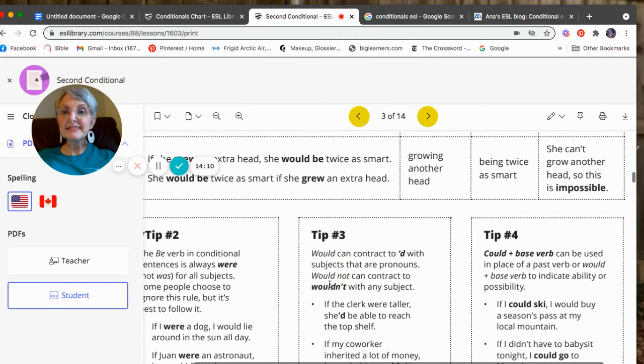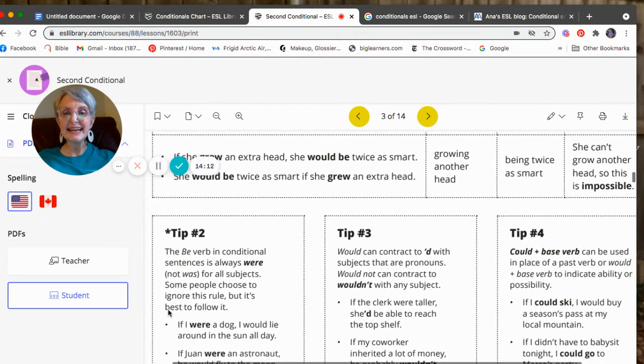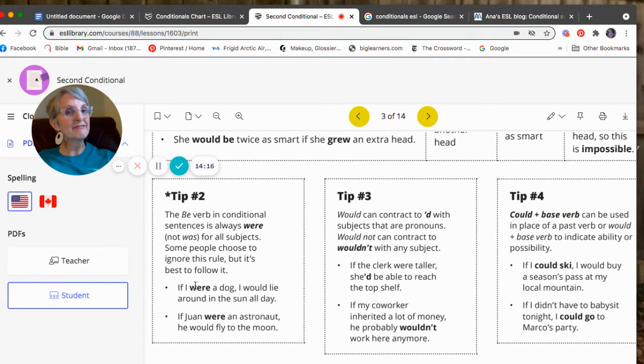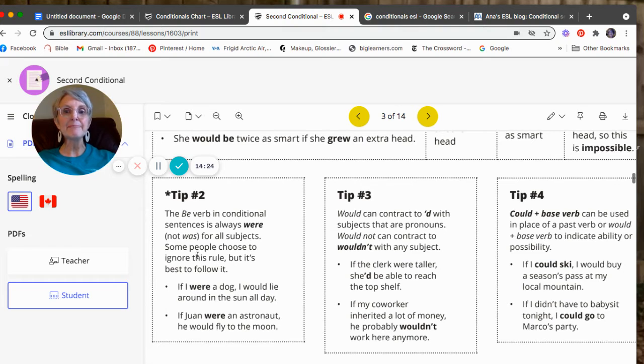So now they give us some tips. Remember they did this last time, some advice. So the first one is the advice that I told you before, that remember that be verb is the one where you use was or were or am. It's telling us here that the be verb is always going to be were here.